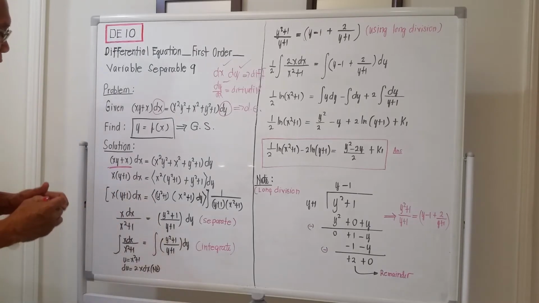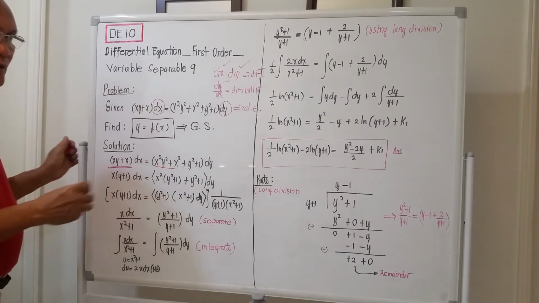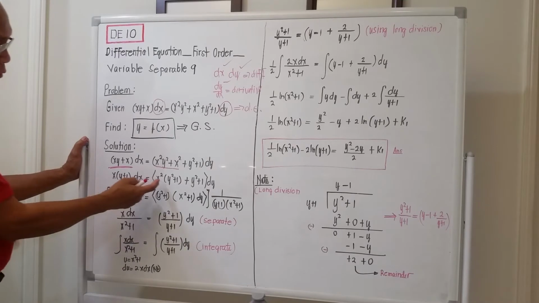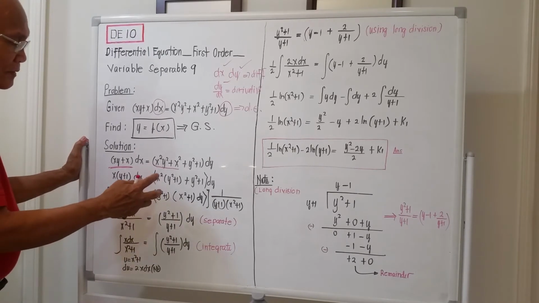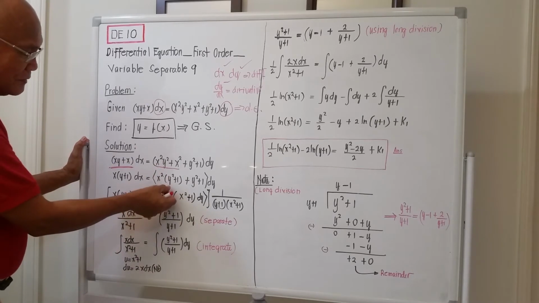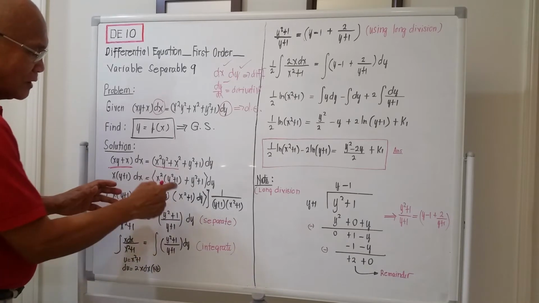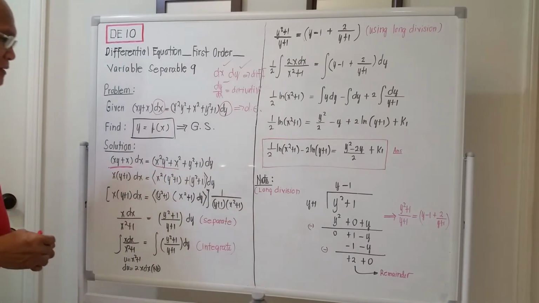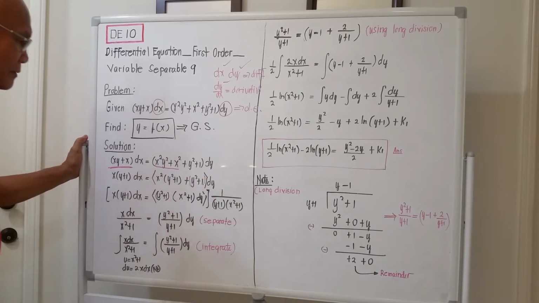on the right-hand side, for the first two terms, there is a common factor x squared, so we factor out x squared, times quantity y squared plus 1, and for the last two terms, it is this. Close quantity dy.